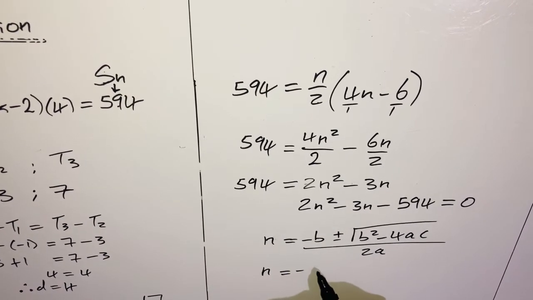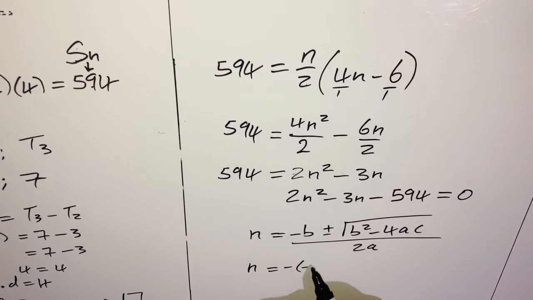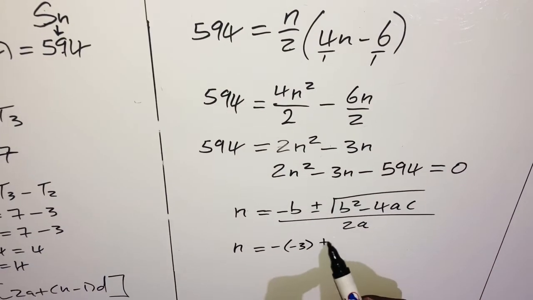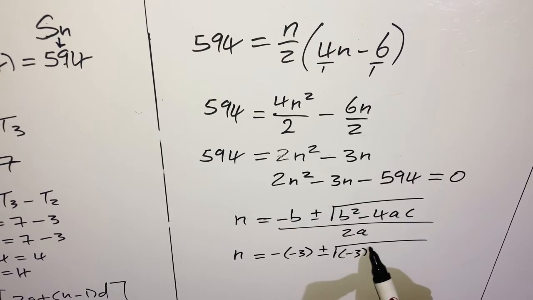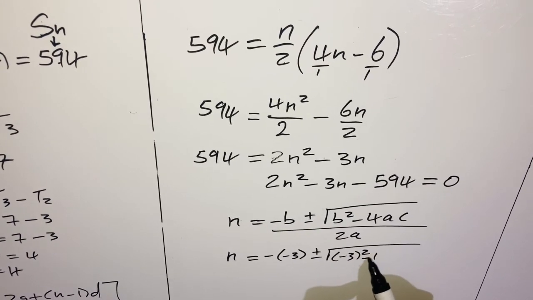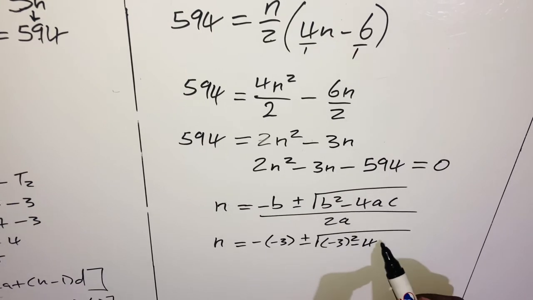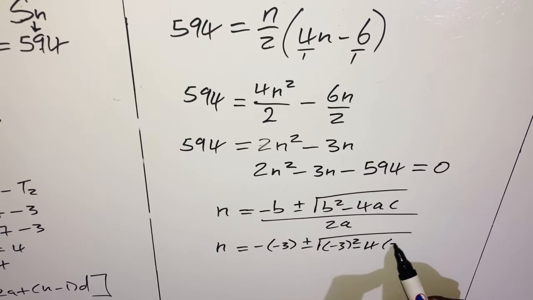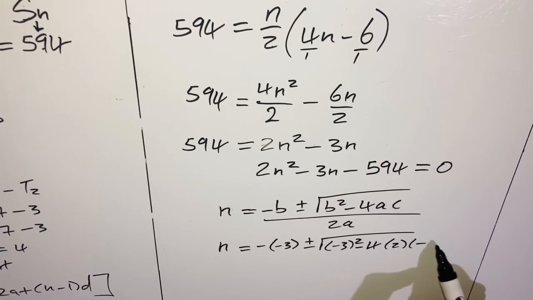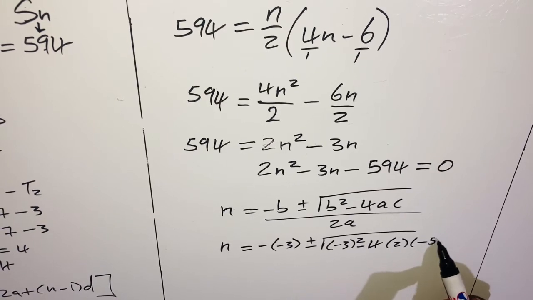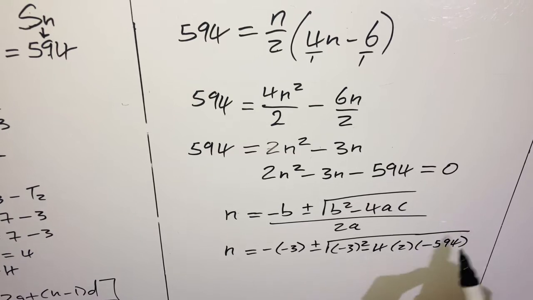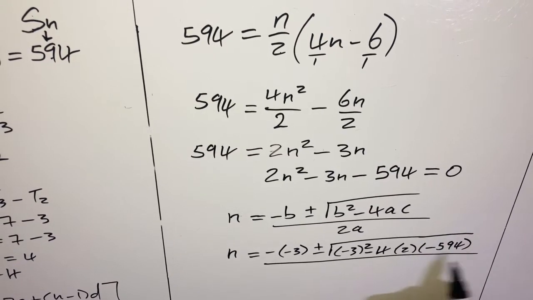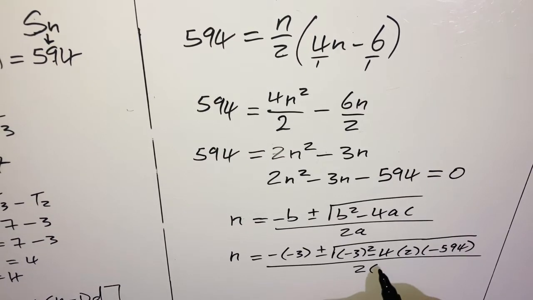My b is negative 3, so b squared minus 4ac. My a is 2, my c is negative 594, all over 2 times a, which is 2.